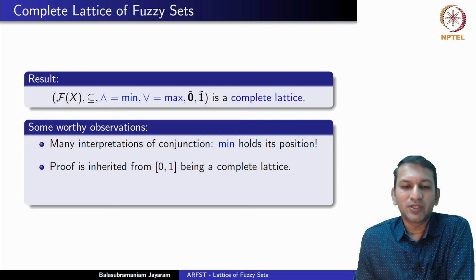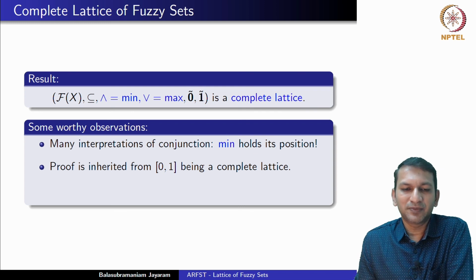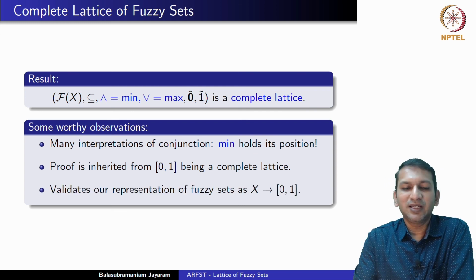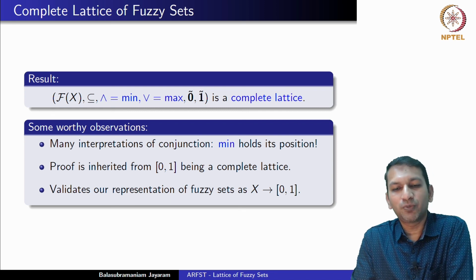The proof of the above result is inherited from the fact that the 0,1 interval is a complete lattice, which we have seen a few slides back. What this shows is that the representation of fuzzy sets that we have come up with, as a function from X with the codomain 0,1, which is a complete lattice, is a useful and an appropriate one for us.